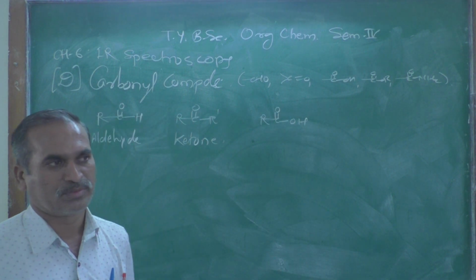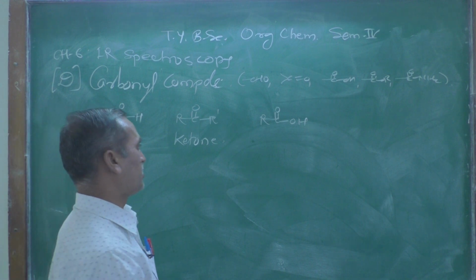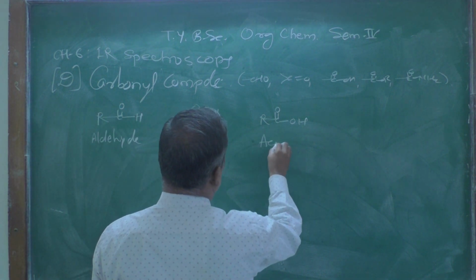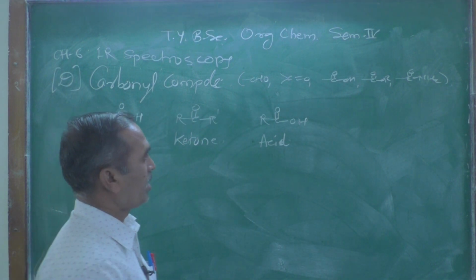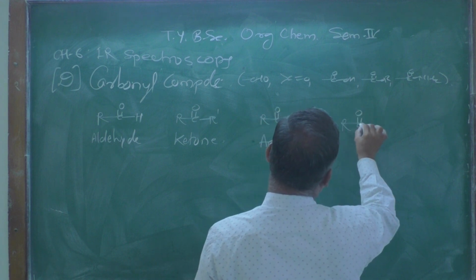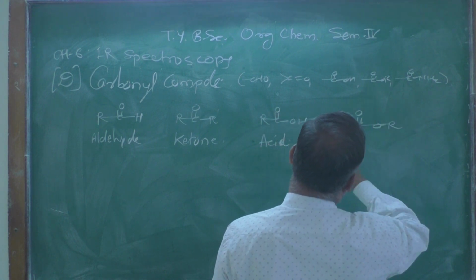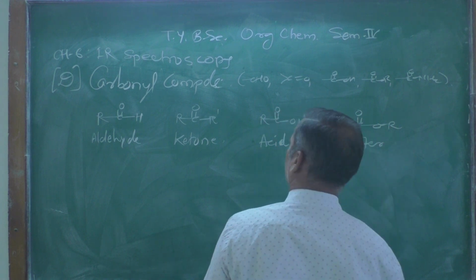You are also familiar with this structure, and this is the acid, very well known. These are the general formulas I am writing. And when there is R C double bond O OR, then that will be the ester.